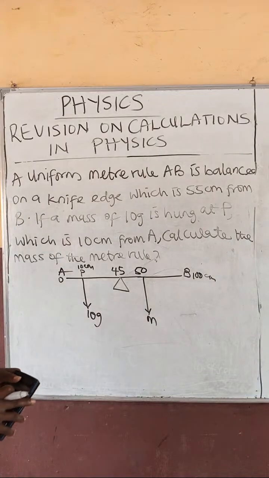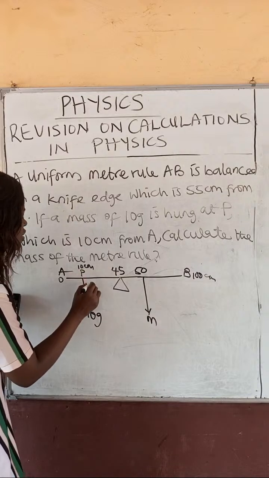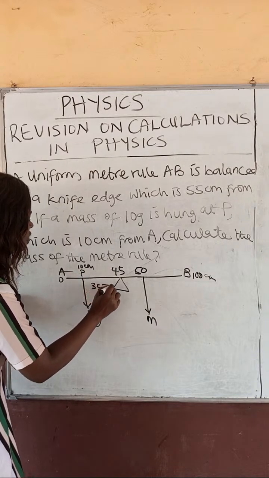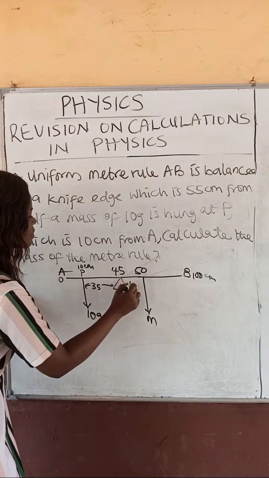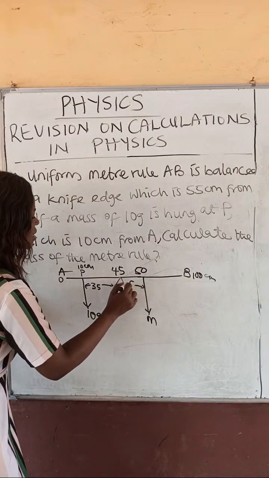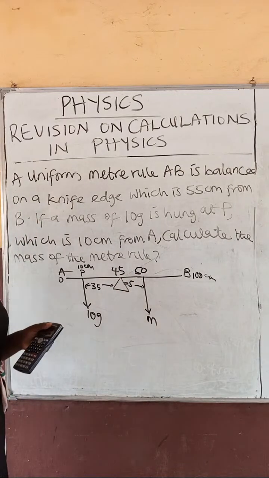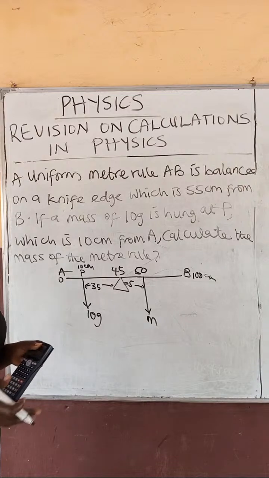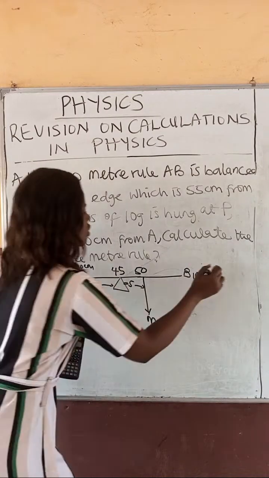Do we understand? Now, the distance from this to this, 45 minus 10, is going to give me what? 35. Okay? Now, 50 minus 45 is going to give me what? 5. That's the distance from here to here. Now, this comes into play. Clockwise moment equals what? Anti-clockwise moment. And I told you that clockwise moment goes in the clockwise direction, and our clock goes this way.